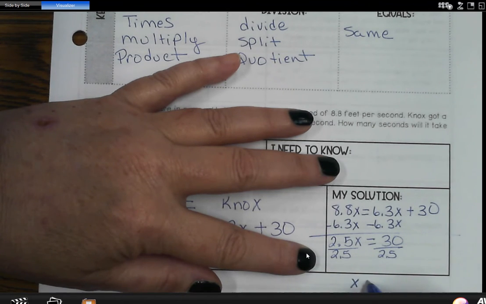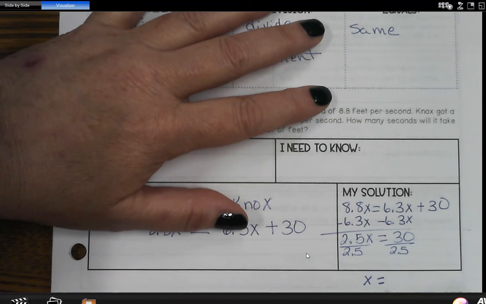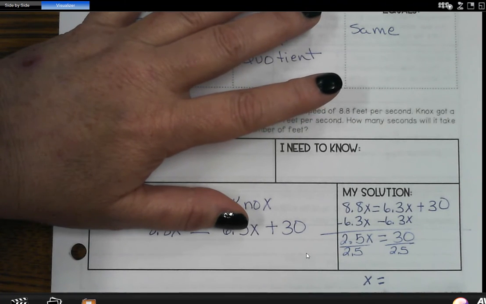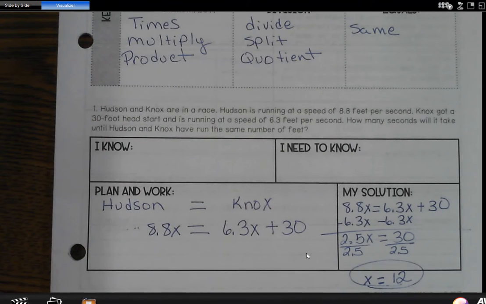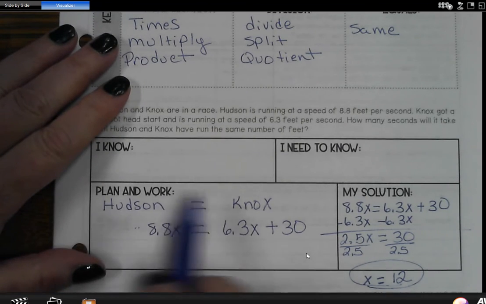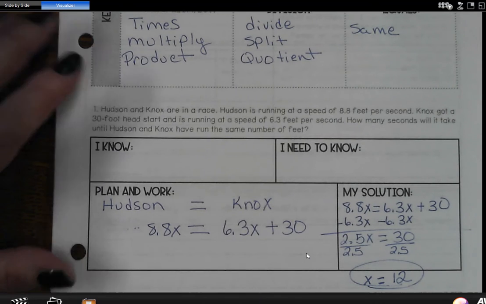What does x equal? 12. So what does that answer mean? How long will it take for Hudson and Knox to have the same number of feet? 12 seconds. If you split each one up and then figure out what each one is, then you're good.